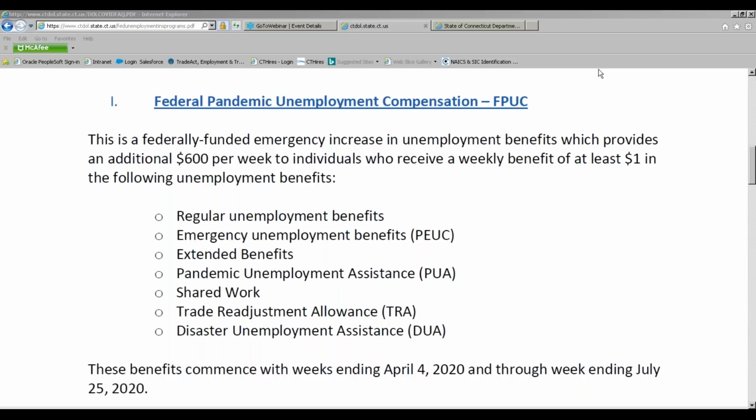Now, the maximum unemployment rate in the state of Connecticut is $649. And there are people who are filing who would exceed that amount of money, but the maximum in Connecticut is $649.